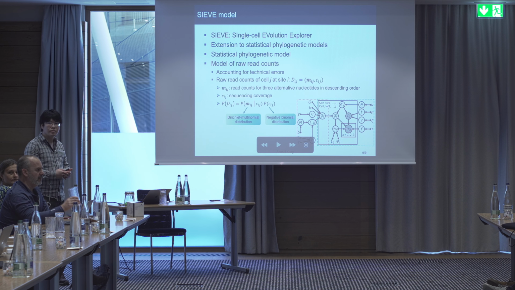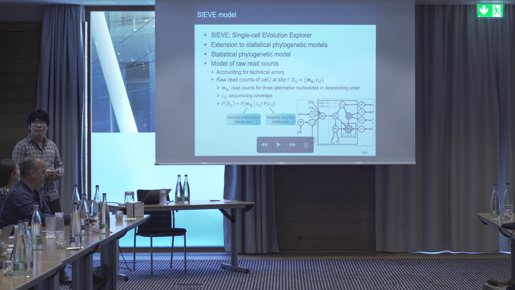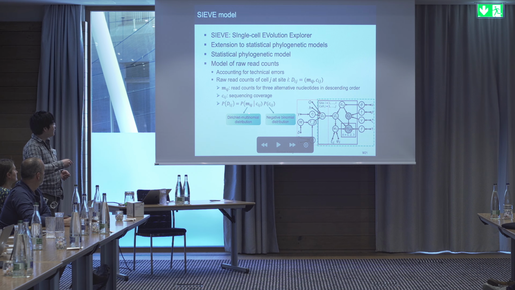But then how do you get the Dirichlet conditioned by that? Yes, given the conditional on the sequencing coverage, we have 3 values actually here: the read counts for the 3 alternative nucleotides.